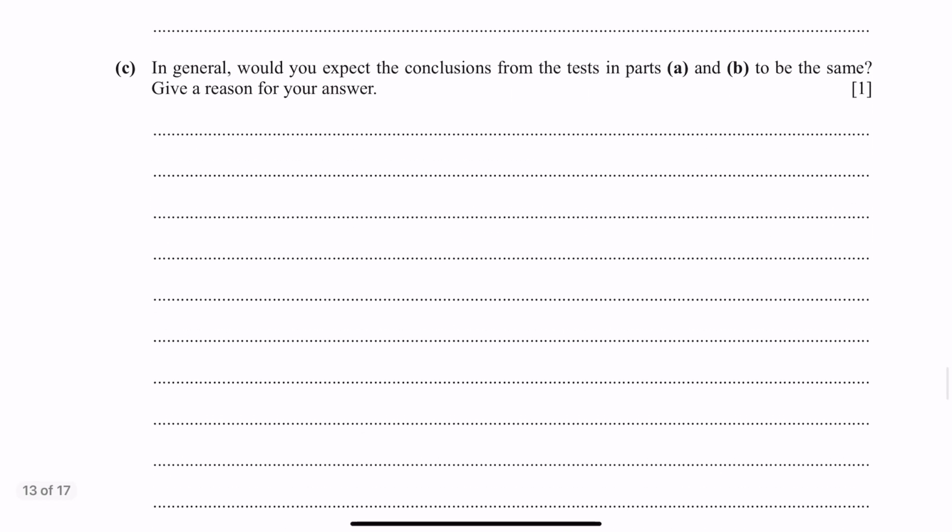Moving on to part C. The question asks, in general, would you expect the conclusions from the tests in part A and B to be the same? Give a reason for your answer. So part A is a non-parametric test, and we rely on the median of the sample instead of the mean.